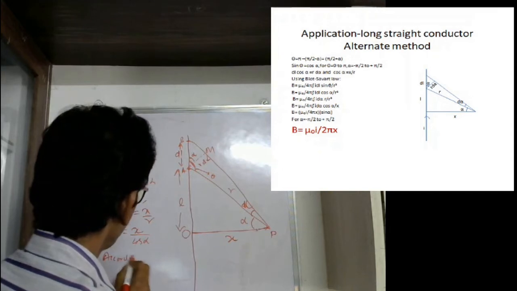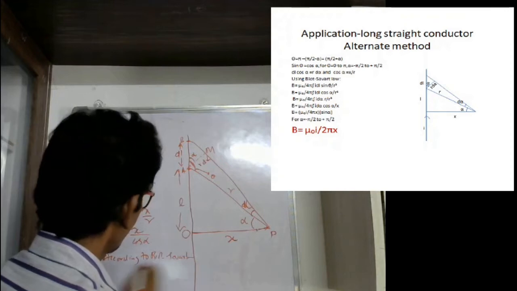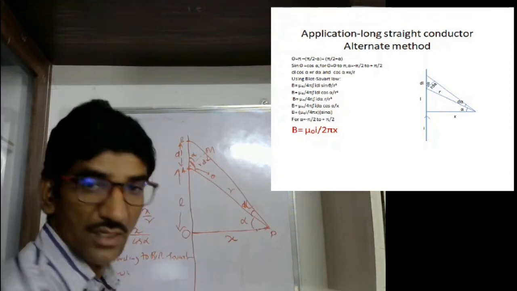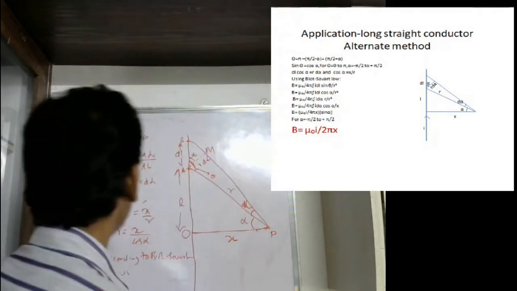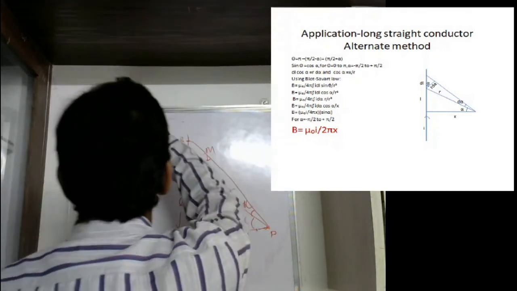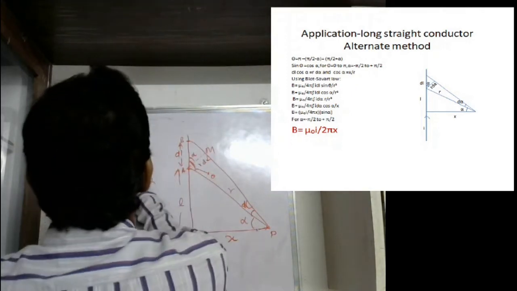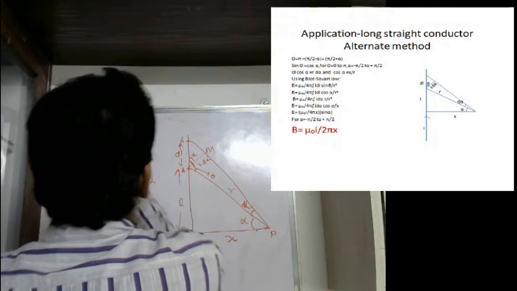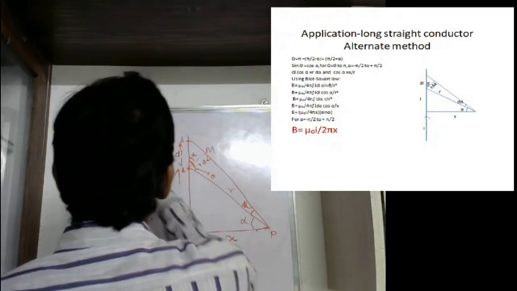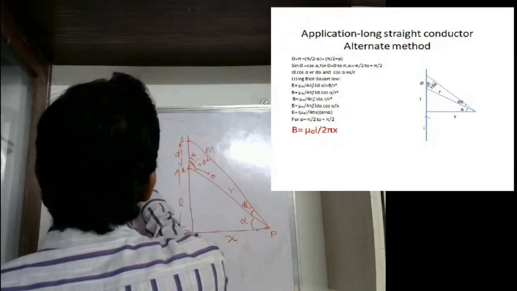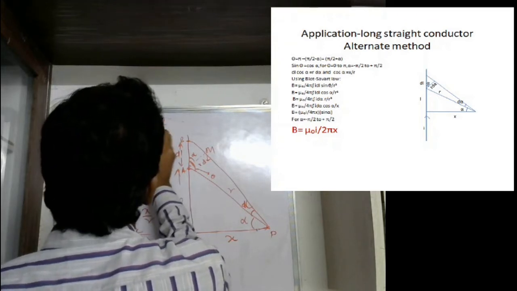Now let us consider the Biot-Savart law. According to the Biot-Savart law, dB, the magnetic field due to this infinitesimal element of length, is equal to mu naught by 4 pi, I dl sin theta by r square.